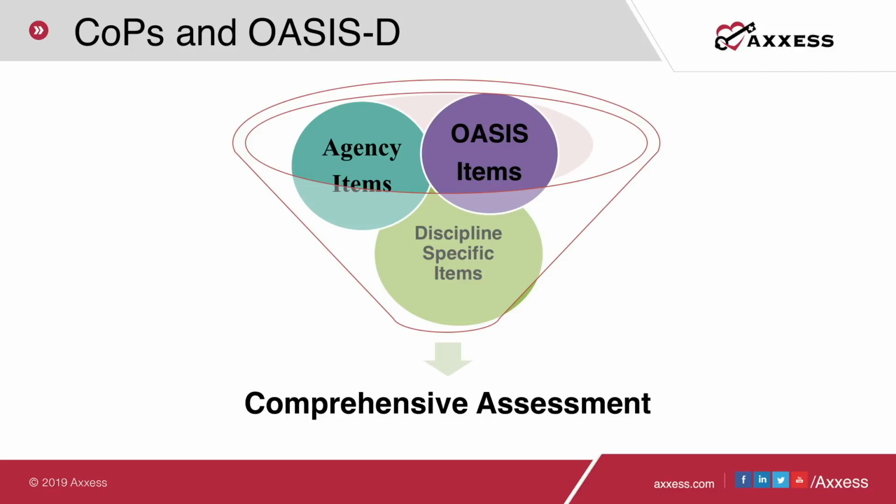And we're going to focus in the rest of our series on the Oasis items, but I wanted to lay that foundation to help us remember why the Oasis is so important and that Oasis accuracy is part of that, and it's actually tied to our conditions of participation.